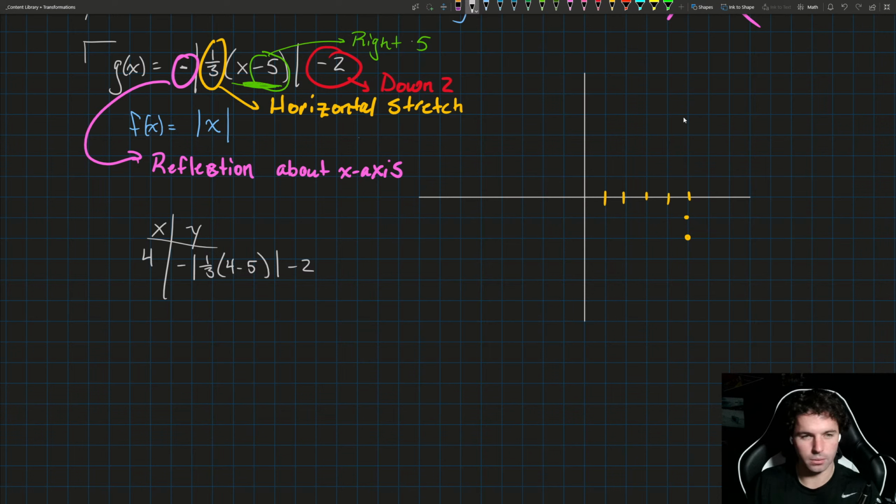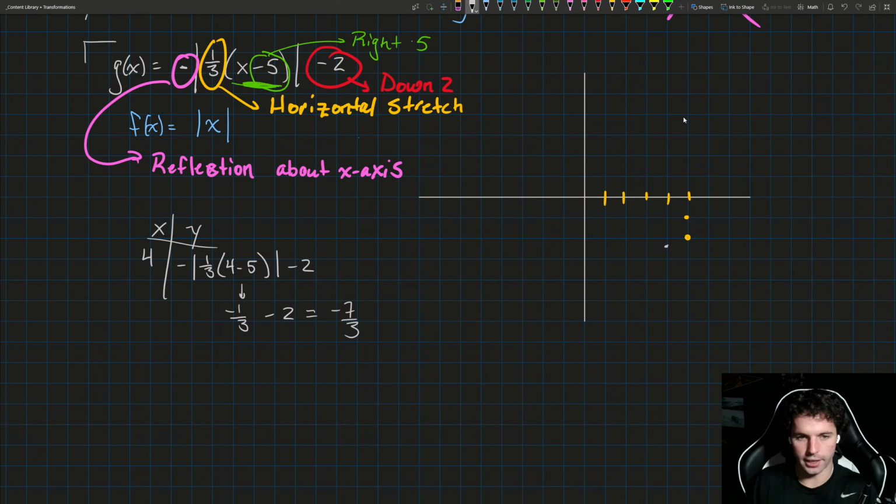So that's going to give us what? Let's do some math here. Negative 1/3 minus 2, so negative 1/3 minus 6/3, which is negative 7/3, which is just over 2. It's like a third over 2, right? So it's going to be about there.